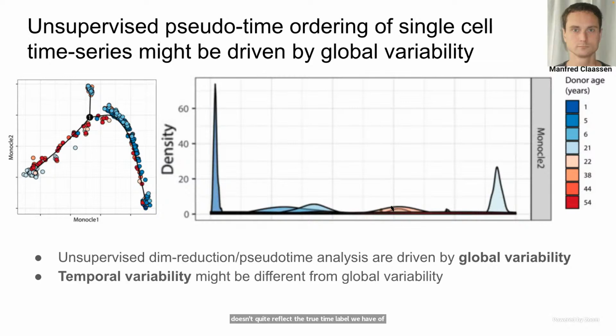We found that for those unsupervised methods, their first component usually is driven by other global variability. The temporal variability might be at the second or later components, which might be different from the global variability.